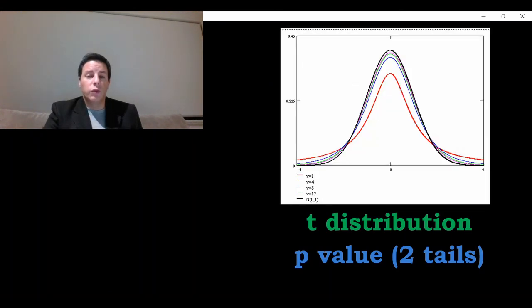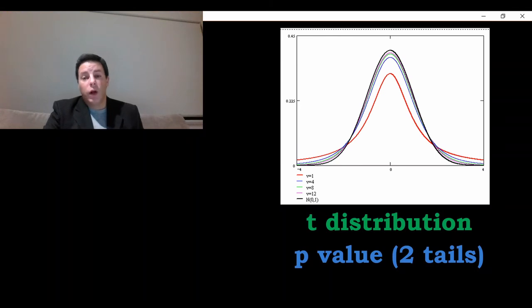So what is 2 tails? For two tails we use the same distribution and the p-value is the same, but what we consider more extreme changes. Now we have to look at the two sides of the distribution. So again, if the t-value obtained in our sample is 2, we look at the area under the curve from 2 to the right, but we also have to add the area under the curve from -2 to the left.